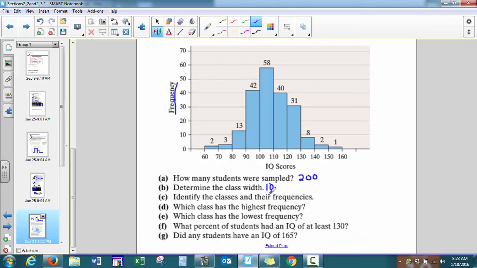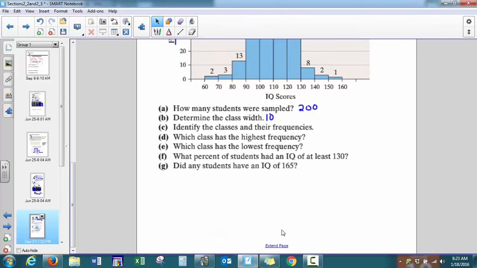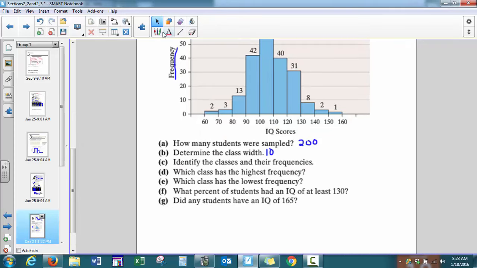Identify the classes and their frequencies. Our classes represent our groups, and you have to be very careful since this is continuous data. They've grouped it. So this first bar is from 60 to 69. Remember, we do not include that 70.